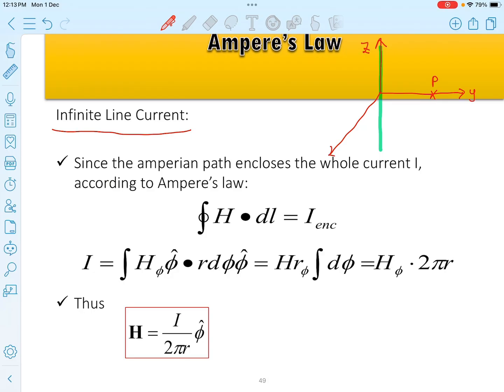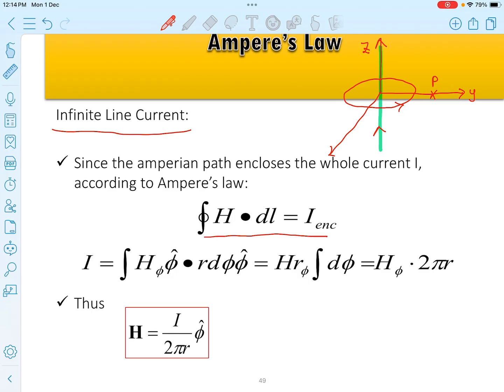So we will apply Ampere's law. Ampere's law says that if the current is going up, the magnetic field surrounding the wire will be in these directions.